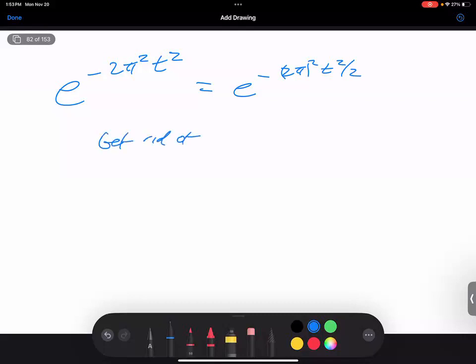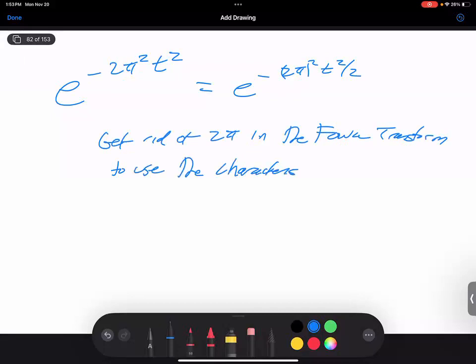Get rid of the 2 pi in the Fourier transform to use the characteristic function. And that yields basically e to the negative t squared over 2. And so basically something along these lines is what you need to finish the argument. So this is one way to use complex analysis to prove the central limit theorem.